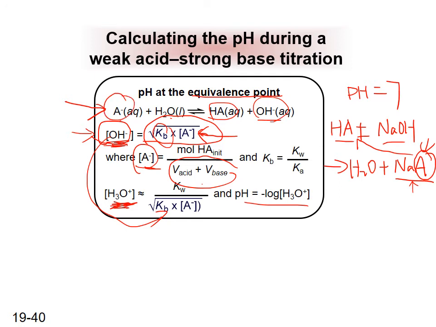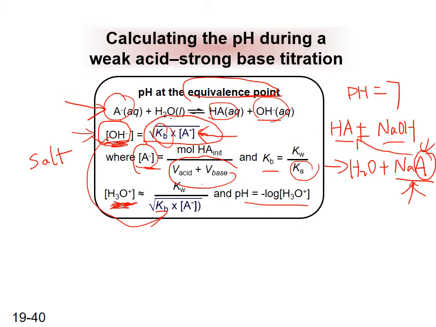Now, usually we know Ka for the weak acid, so you use Kw divided by Ka to give you Kb. Essentially, at the equivalence point, we are calculating the pH for the salt generated by the weak acid, strong base titration.